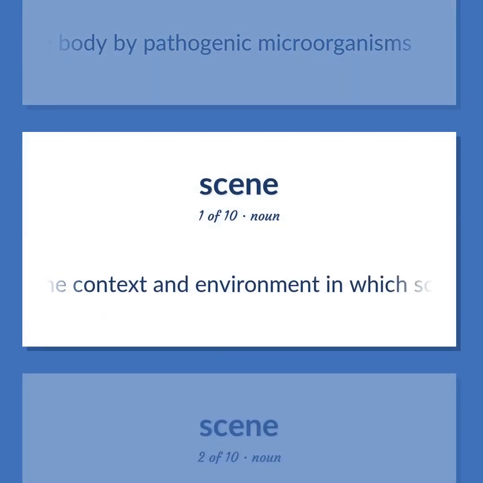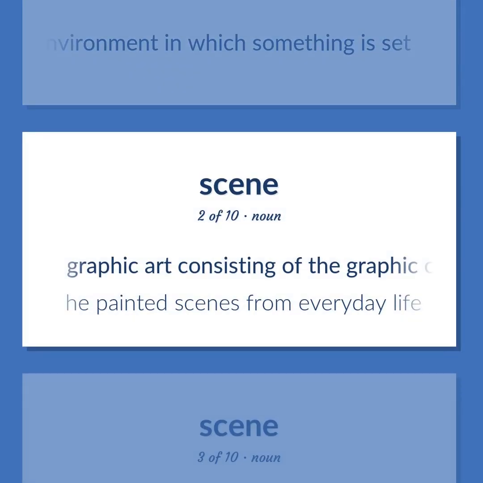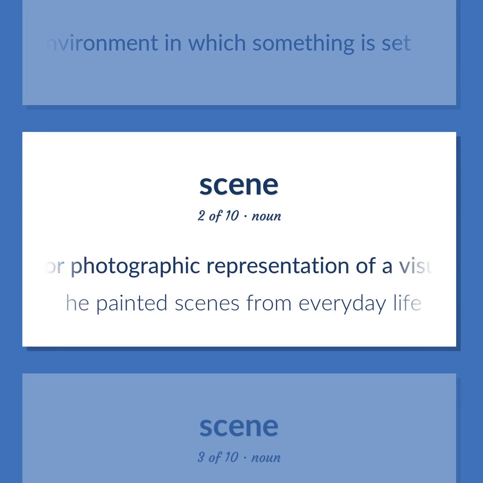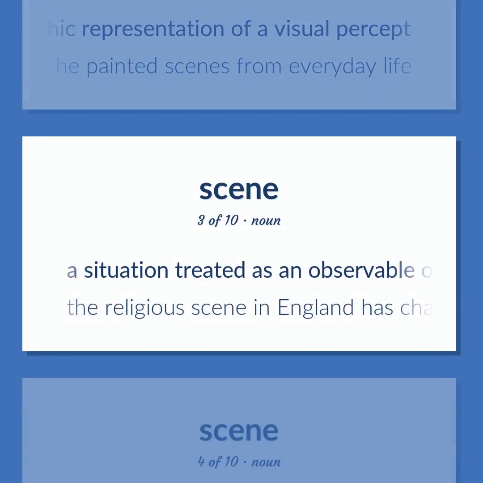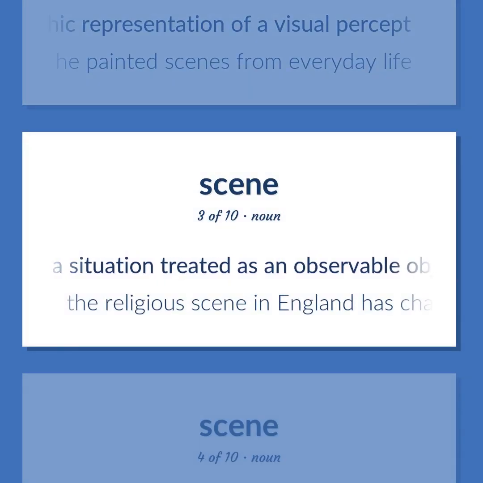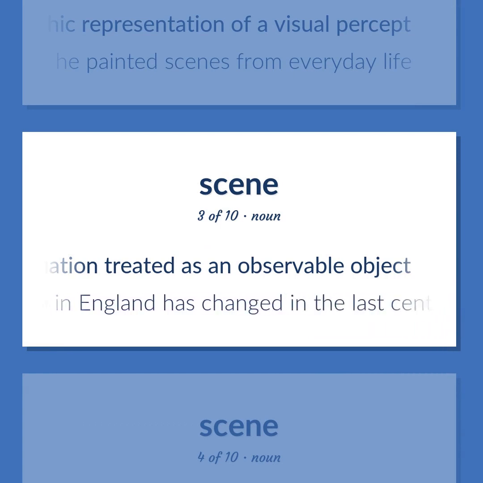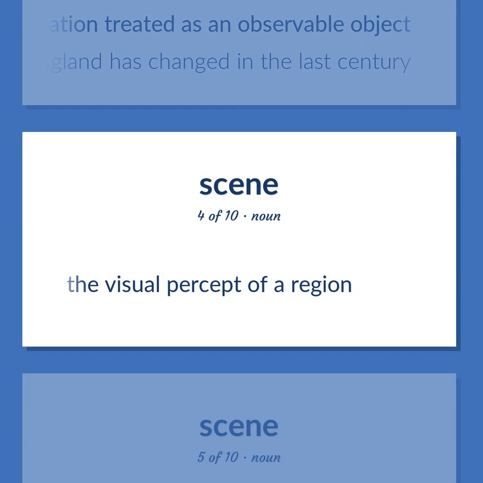Scene: the context and environment in which something is set. Graphic art consisting of the graphic or photographic representation of a visual percept. He painted scenes from everyday life. A situation treated as an observable object. The religious scene in England has changed in the last century. The visual percept of a region.